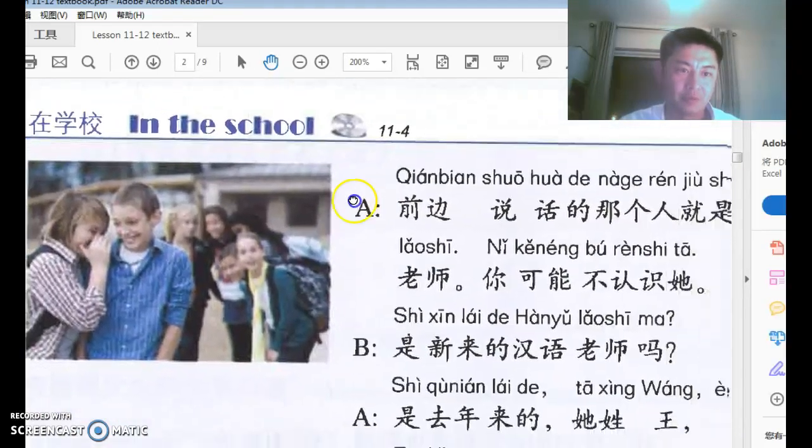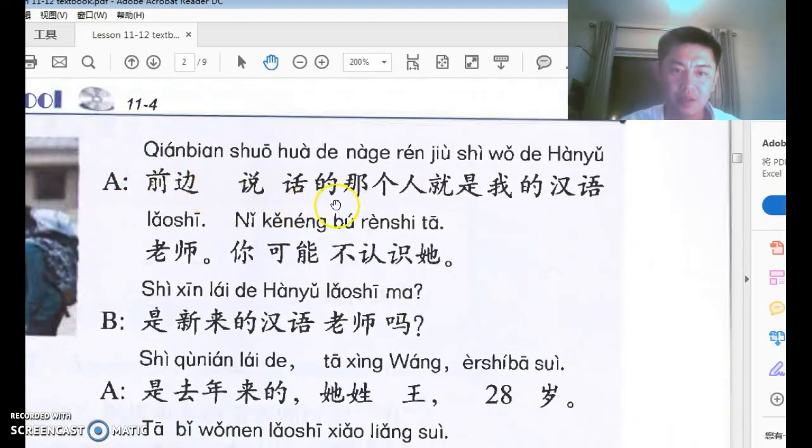Now, number 4, again, there's the construction. And 那个人 the person, that person, what kind of person? 前边 in the front. What is he doing? 说话 right? The person who's speaking in the front. 前边说话的那个人就是, just is, that is, that's what Jill gives, the vibe Jill gives.